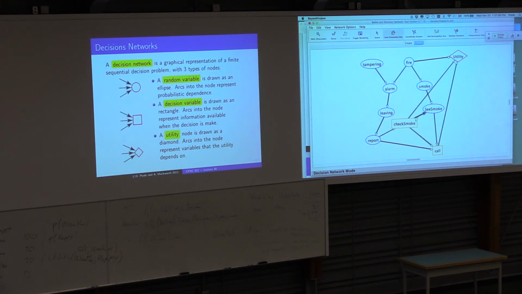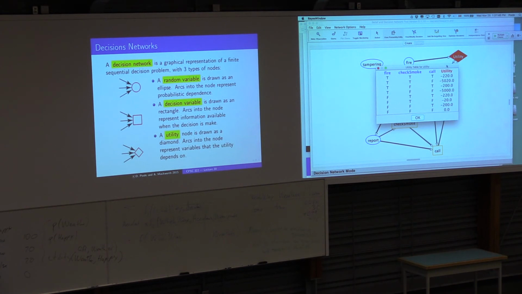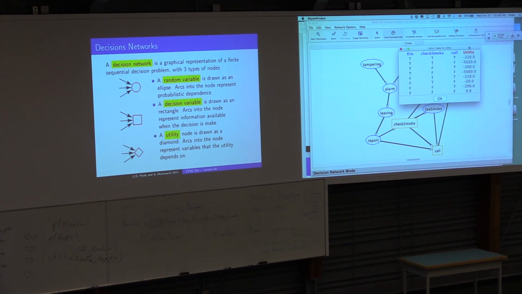There are no tables associated with check smoke and call, but there's a table associated with utility that tells me what the utility is. Here we just arbitrarily scaled it. If there's a fire and you don't call, you lose 5,000, and checking for smoke costs 20 here.